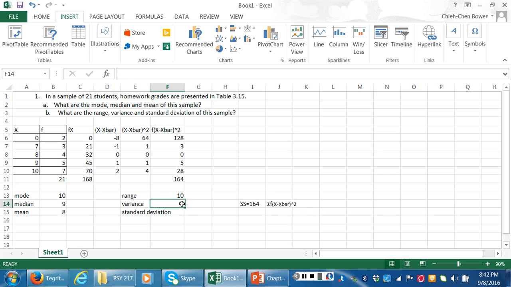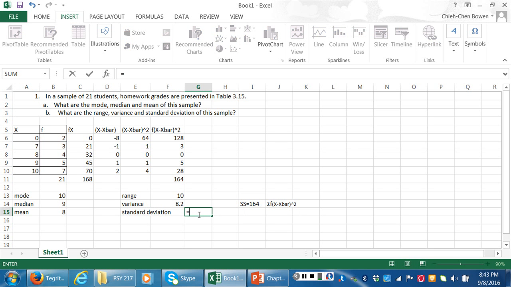Variance equals the sum of squares divided by n minus 1. Here's your sample size, n minus 1. The answer turned out to be 8.2. Now, the last one is very easy.